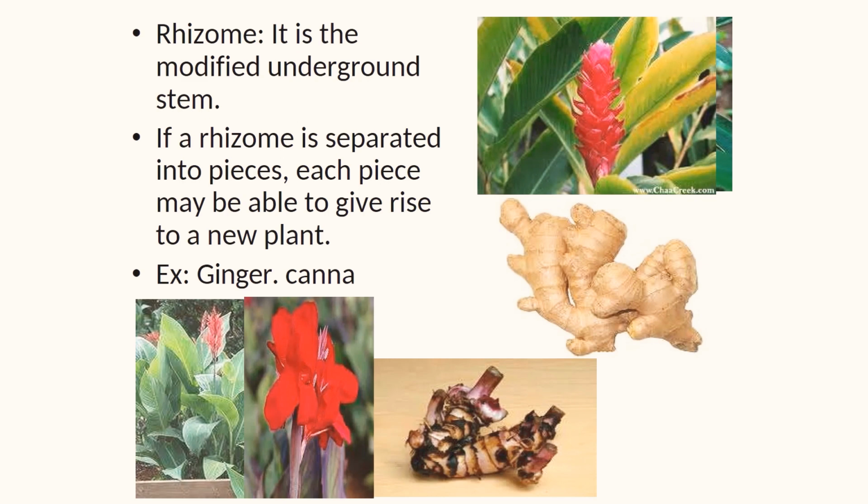Axillary bud may give rise to new rhizome. At the end of the new growth, an apical bud develops which grows at the beginning of the next season and produces leaves and flowers. Example: iris, mentha, ginger, canna, etc.